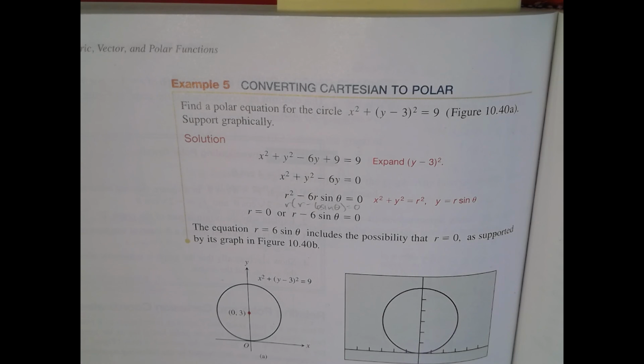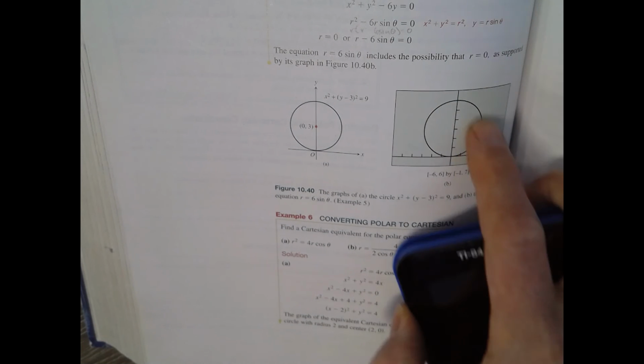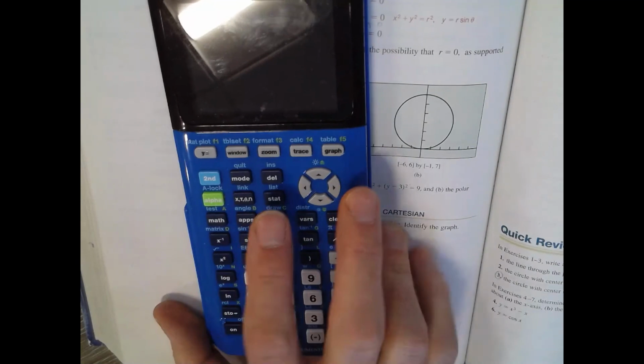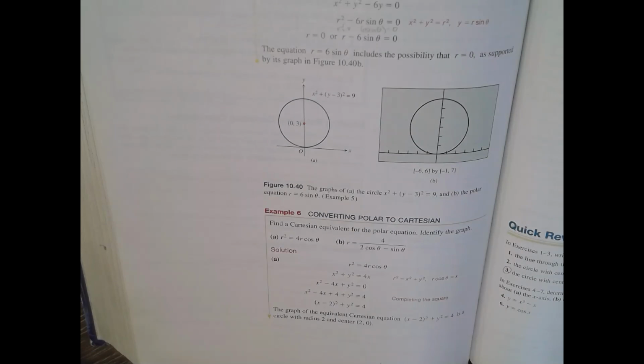Okay, so you'll see that using polar, everything is symmetrical. Like if you have a circle, you've got different flowers, cardioids, you can see all sorts of different symmetry.